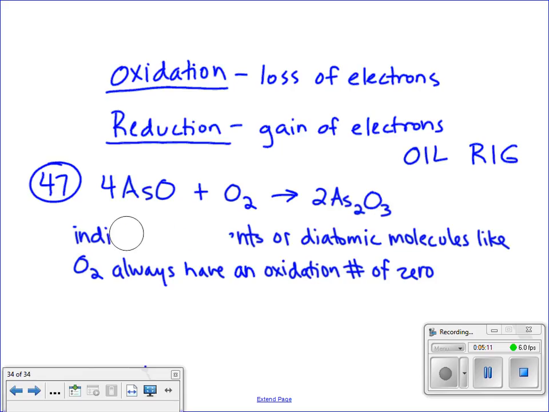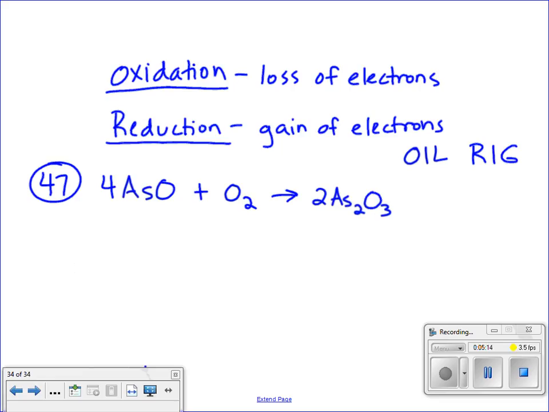Now we are ready to assign oxidation numbers. Arsenic does not have a rule, so we use the rule for oxygen to determine its charge. Oxygen is -2, and since the sum has to add up to 0, arsenic has to be +2. So arsenic's oxidation number is +2, oxygen's is -2. Now this oxygen is by itself, so it has an oxidation number of 0.